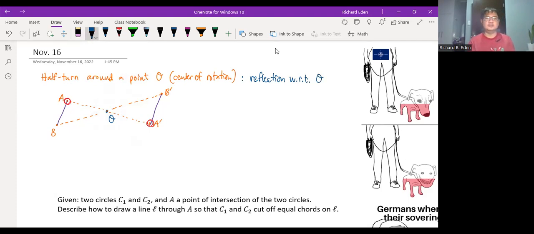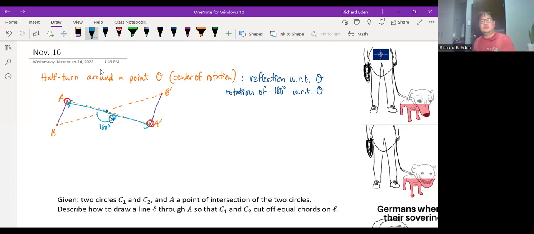So you could also think of this as a rotation of 180 degrees with respect to point O. Paanong 180 degrees? Starting with O, the center, going to point A, if you think of that as a ray OA, ang ginagawa natin, i-rotate natin itong ray na to 180 degrees, and that would give us this new ray OA prime.